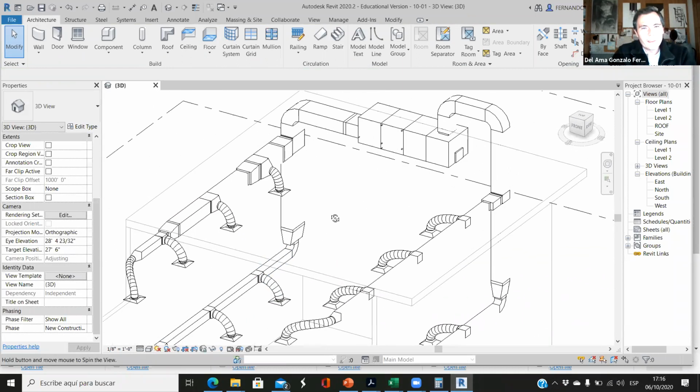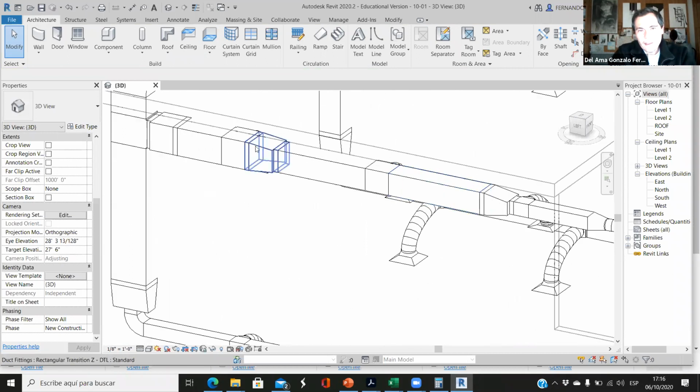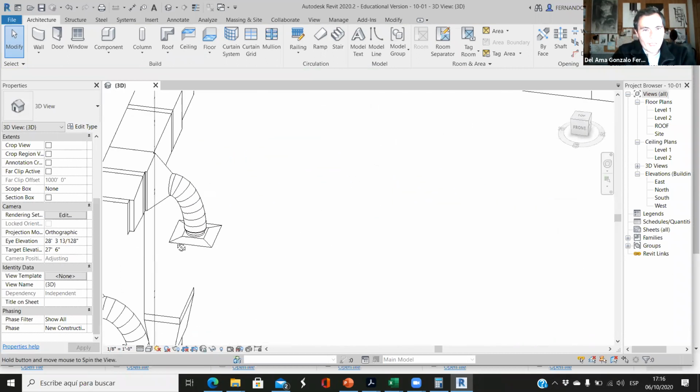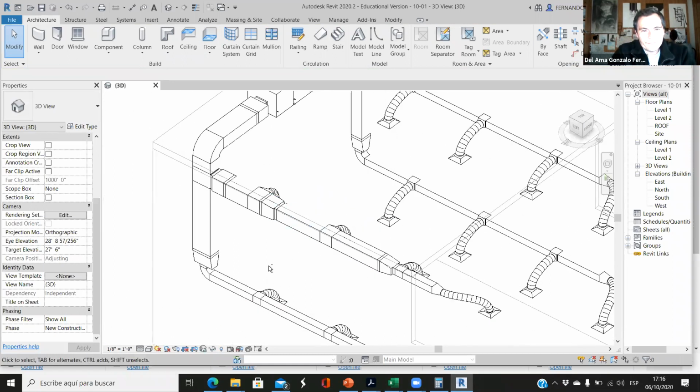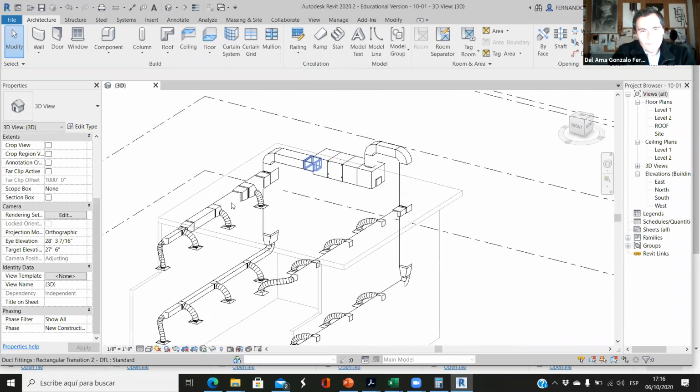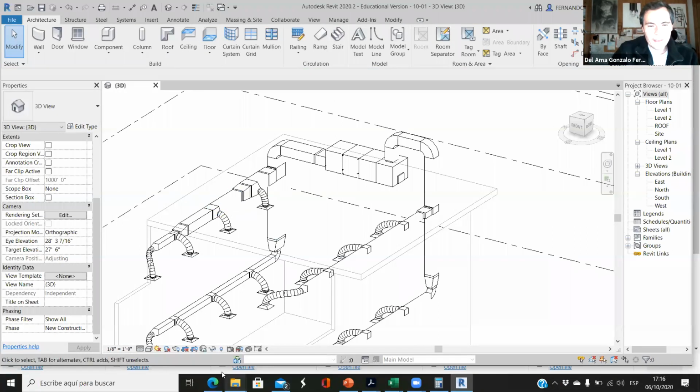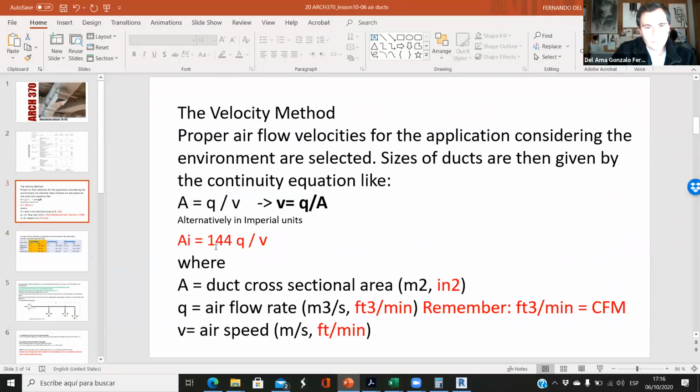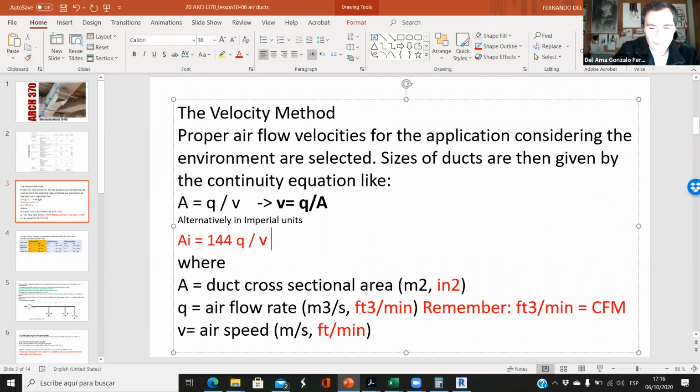Okay, so we are working with Revit, and we can try and check what we have done. I think it would have been better before starting this. We could have calculated this quickly with this formula. Okay, so the speed here, v or velocity, equals 144 q divided by area.